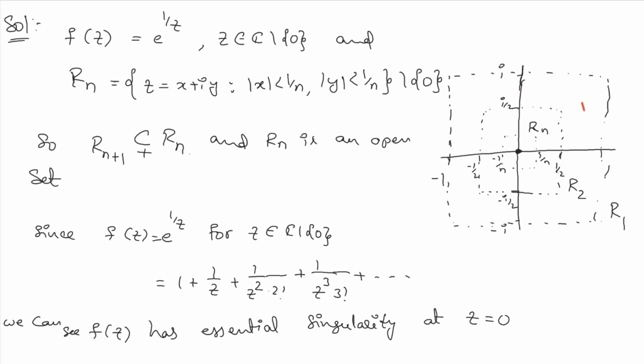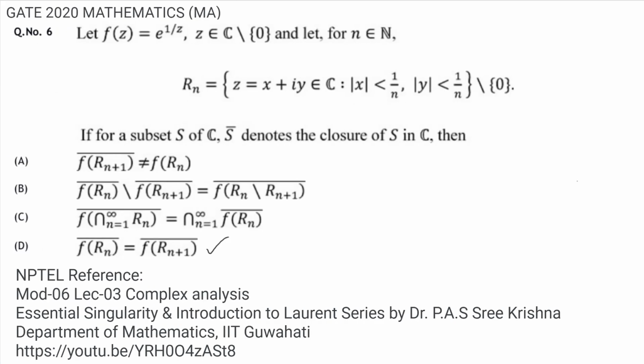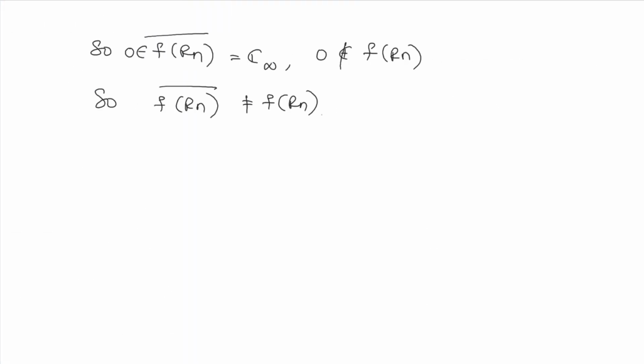Since it is non-empty, we get at least some points in the image of this set under the function f. And of course, since f is analytic, its closure is non-empty. The closure of f(Rn) minus the closure of f(Rn+1) is the empty set, since both these sets are the same, that is C infinity.